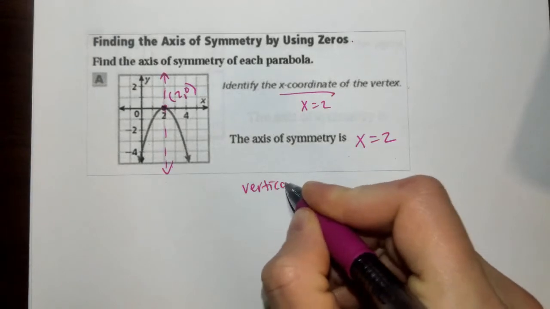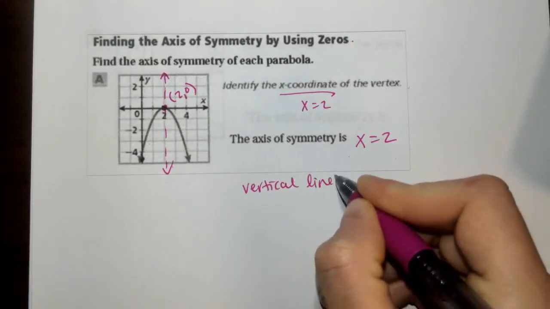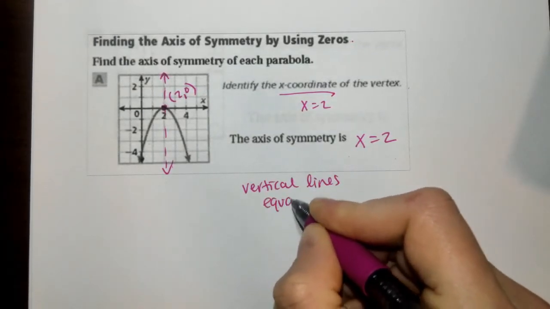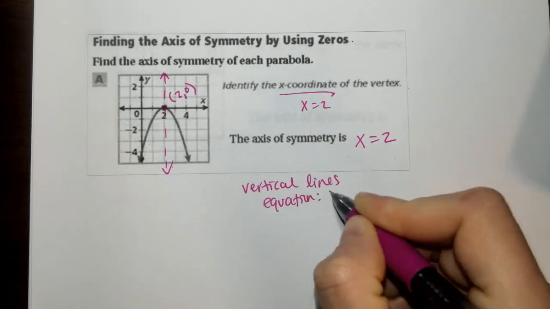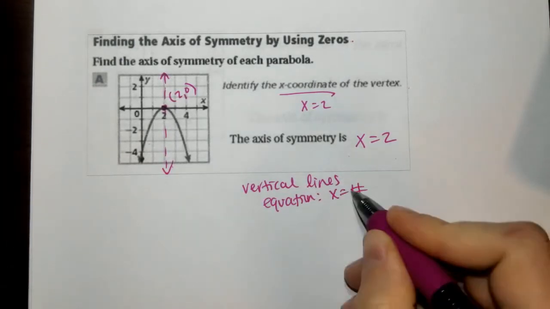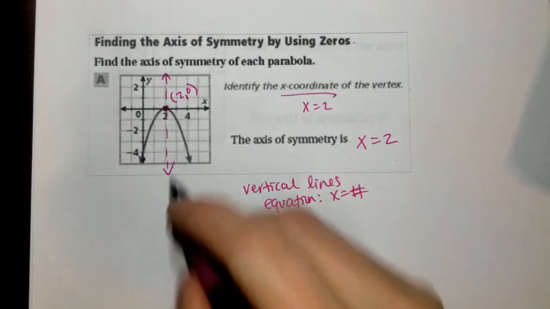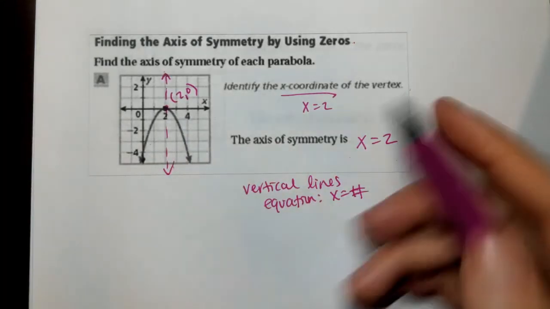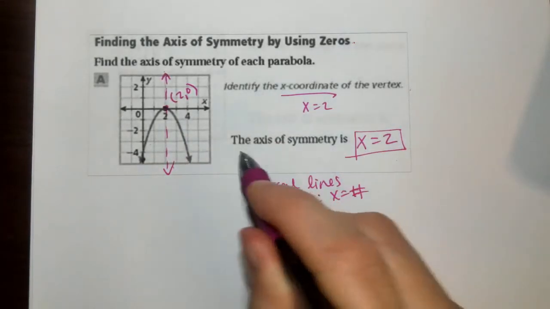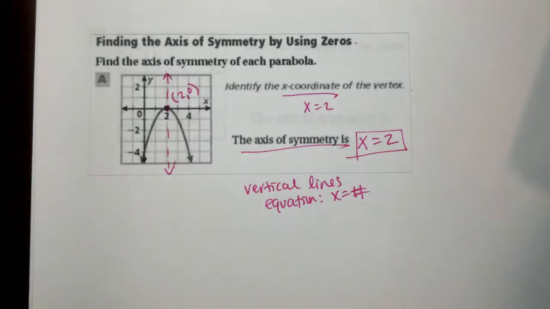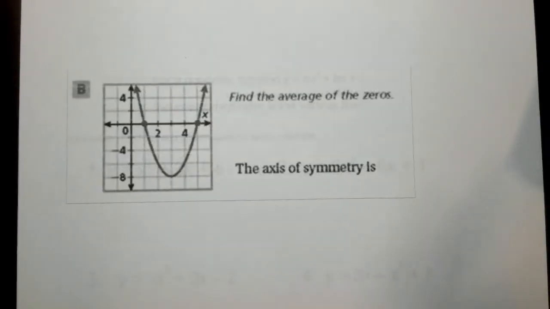So every time vertical lines, their equation is x equals a number. They have an undefined slope. So yes, this does also represent the equation of this line of symmetry. Alright.